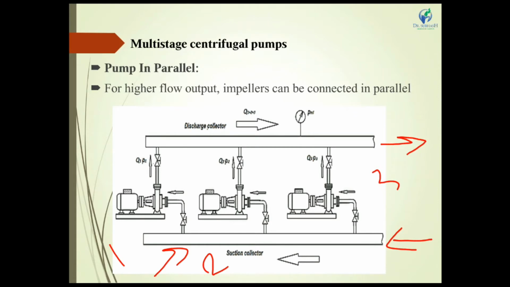These three pumps are connected in parallel. The first pump sucks water from here, the second pump from here and the third from here, and they give output at a common header. Pump in parallel: for a higher flow output, impellers can be connected in a parallel condition.